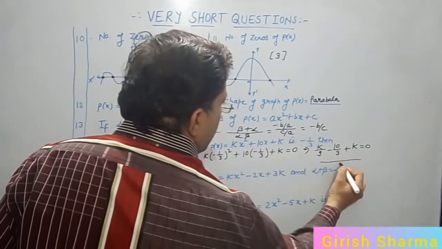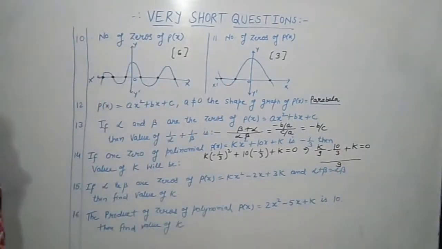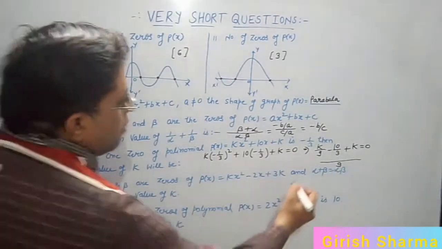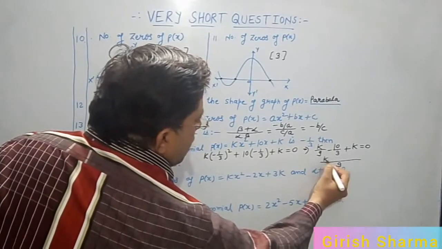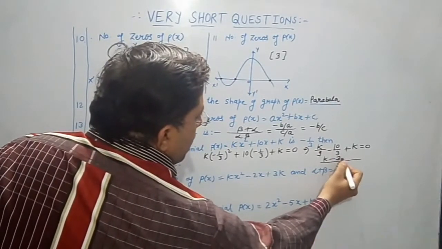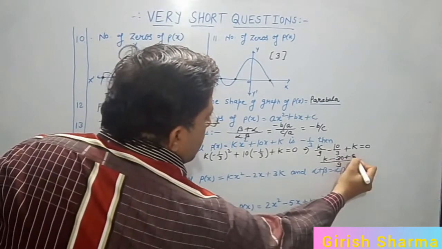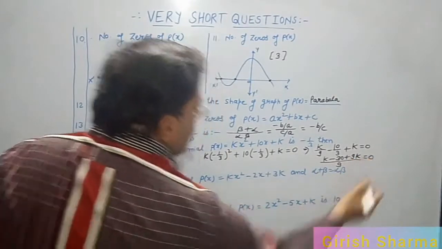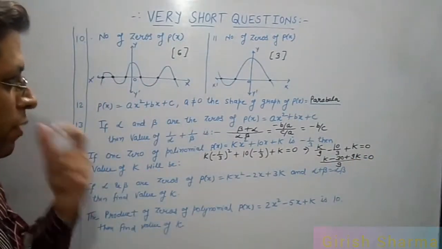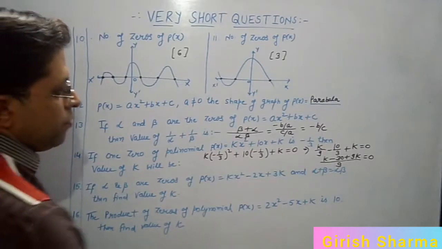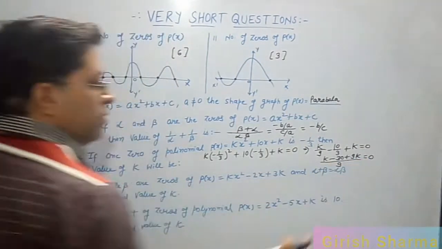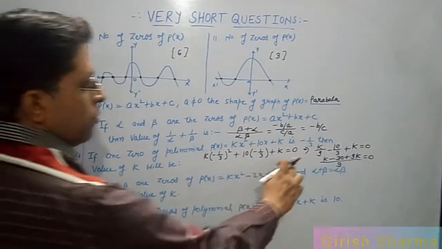I am taking LCM as 9. Okay, then what will come? See here. 3 3s are 9, 30. This is your 9k is equal to 0. Then see, 0 into 9 is 0.